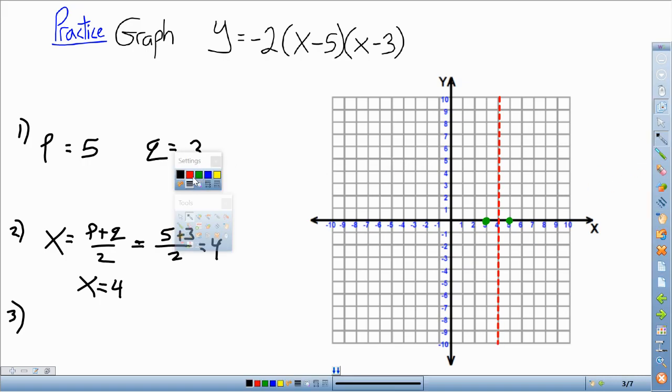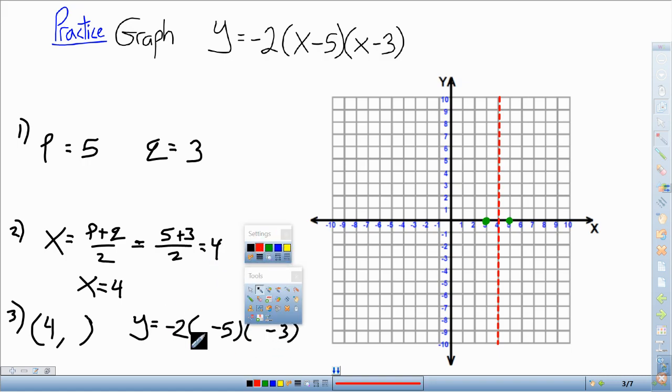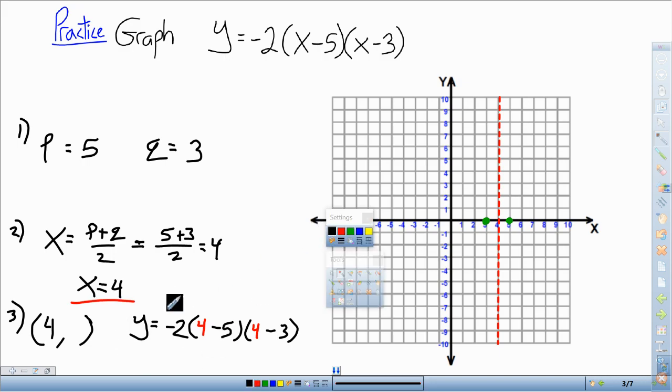And the question is, where does my vertex land? We know the x value is 4. We need to figure out the y value. Let's plug it back into our equation. So y equals -2 times x minus 5 times x minus 3, and our x value is a 4. Okay, so again, let's do this addition or subtraction in here.